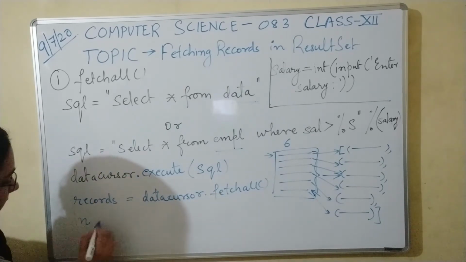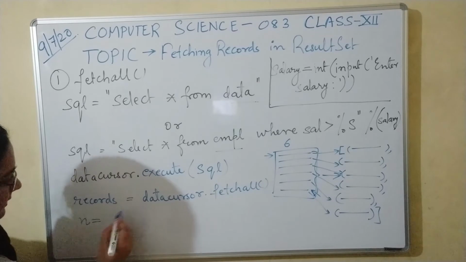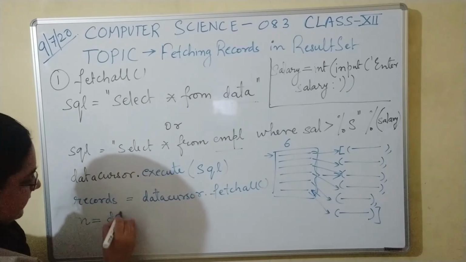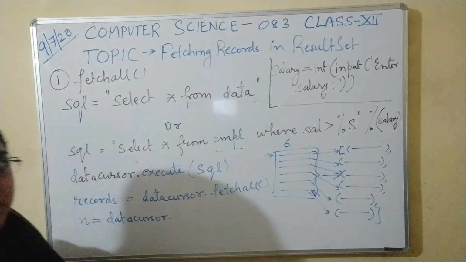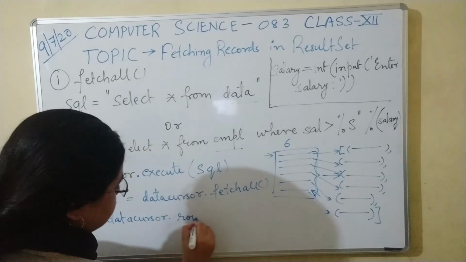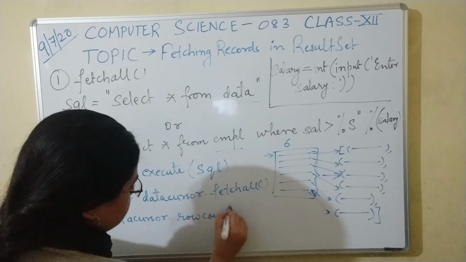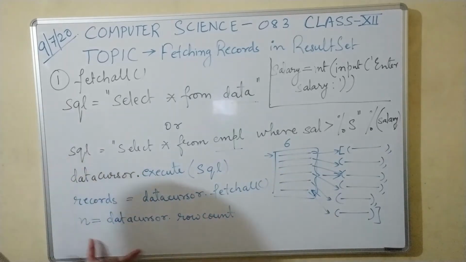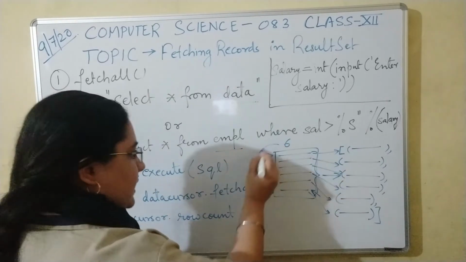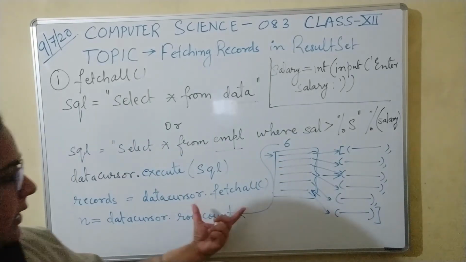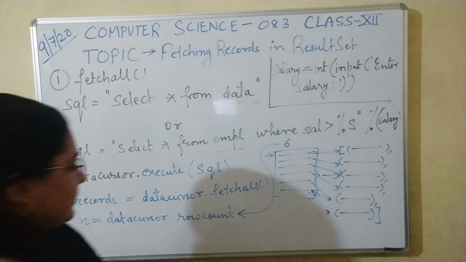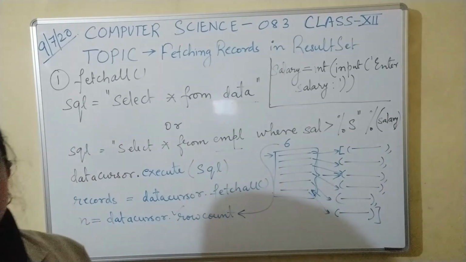I can type n equals data cursor dot rowcount. This will give me the number of rows, and in this case the number of rows is 6.